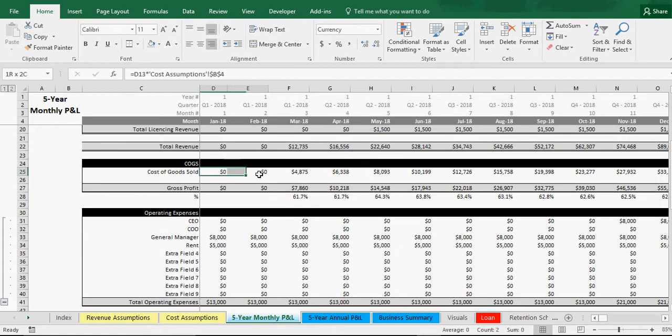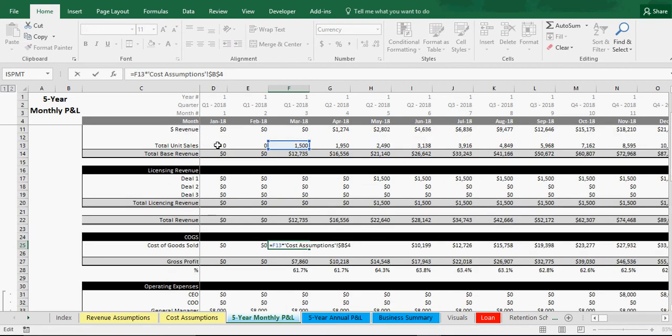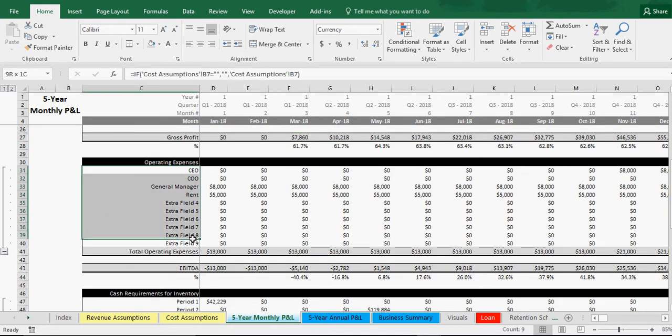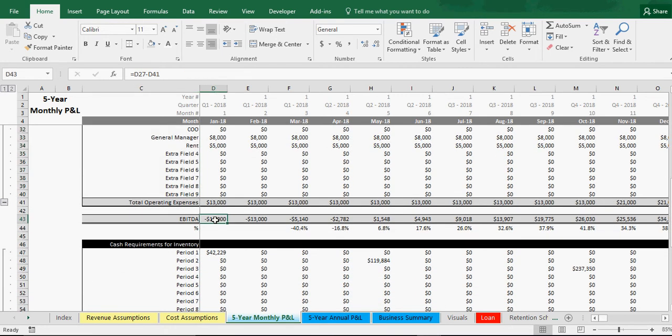Then you've got cost of goods sold. So this is taking into account all of the total unit sales times your cost of goods sold. And this is very important because this is used for that period purchase guide or schedule. After cost of goods sold, you've got gross profit, these operating expenses, and then we've got our EBITDA.